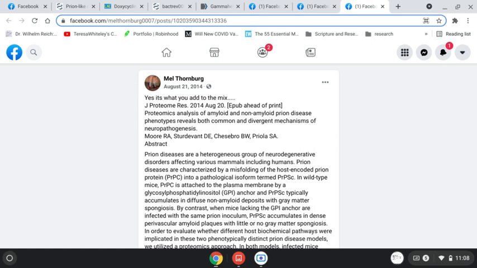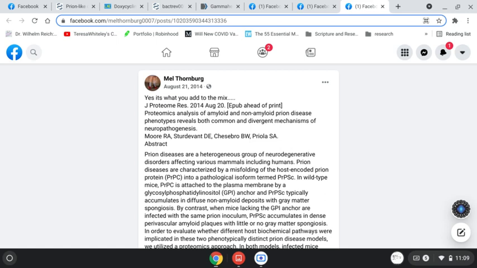Okay, proteomics analysis of amyloid and non-amyloid prion disease phenotypes reveals both common and divergent mechanisms of neuropathogenesis. Prion diseases are a heterogeneous group of neurodegenerative disorders affecting various mammals, including humans. Prion diseases are characterized by misfolding of the host-encoded prion protein into a pathological isoform termed PrPSc.